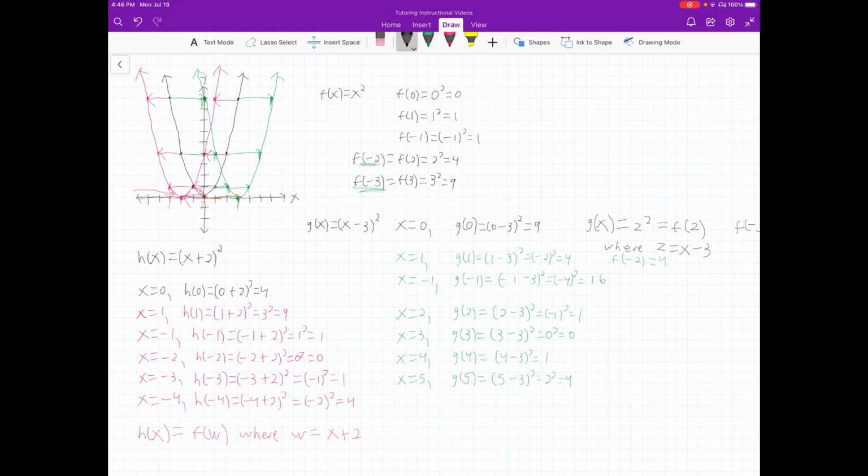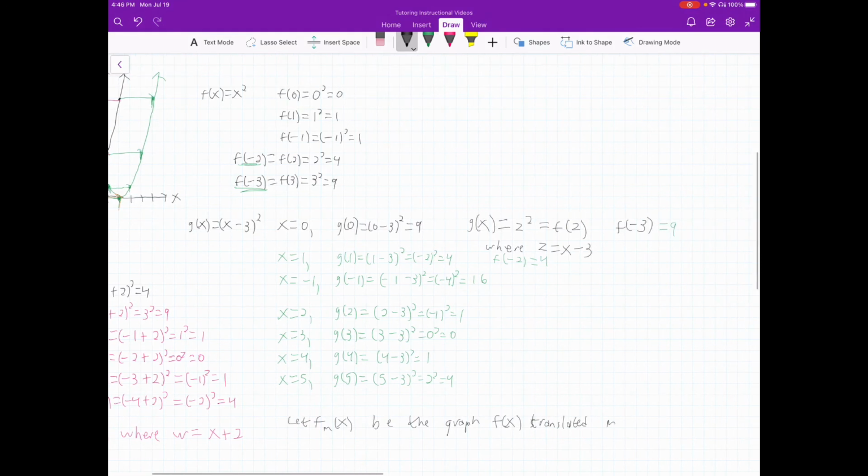So in general, extending this logic, let f_m of x be the graph of f of x translated m units to the right.